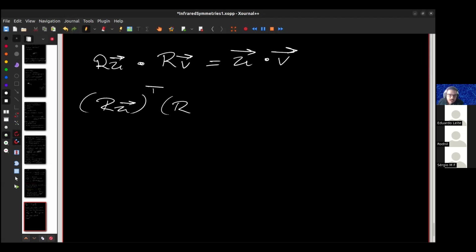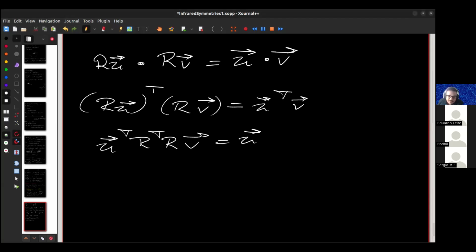I'm going to take this particular product here, and here I'm going to do the same. So now I'm writing this as transposes and products of matrices. I can now use the standard rules for the transpose to write this equation again in this particular form. So I have u transpose, let me write a 1 in here just for convenience. 1 is the identity matrix.